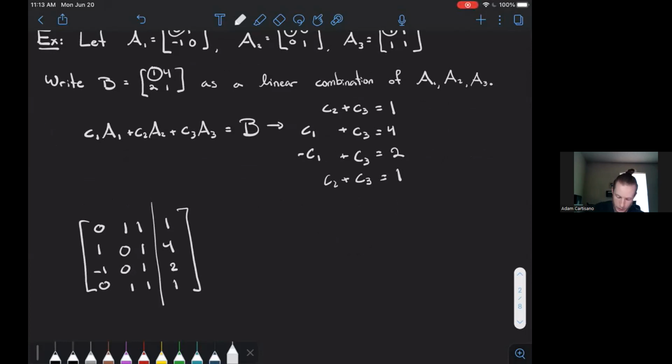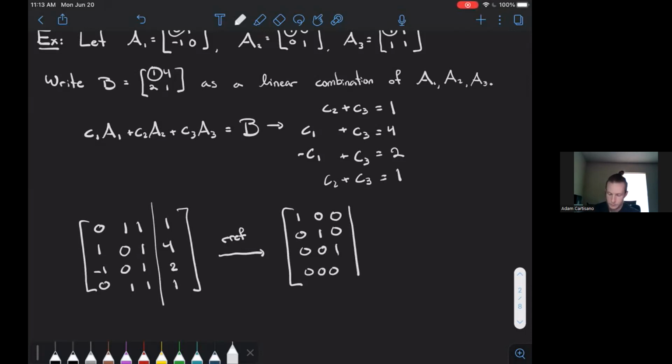I'm not going to row reduce this one live, but notice the row reduction is not so hard. If you put it in reduced row echelon form, the final matrix is going to look like 1, 0, 0, 0, 1, 0, 0, 0, 1, 0, 0, 0, and 1, negative 2, 3, 0. If you're uncomfortable with reduced row echelon form at this point, you should pause the video and row reduce this matrix.